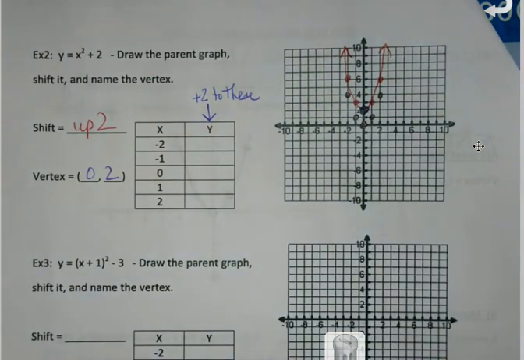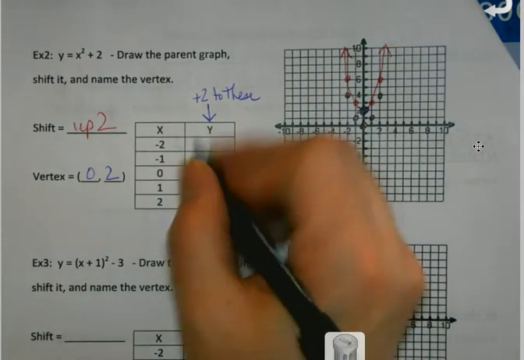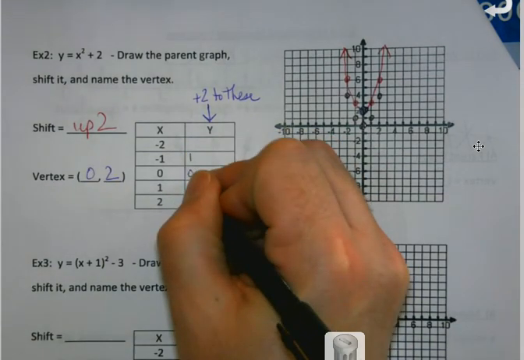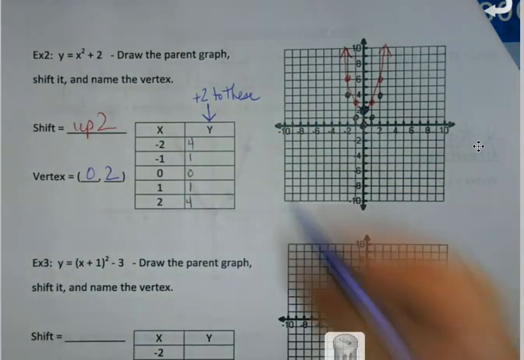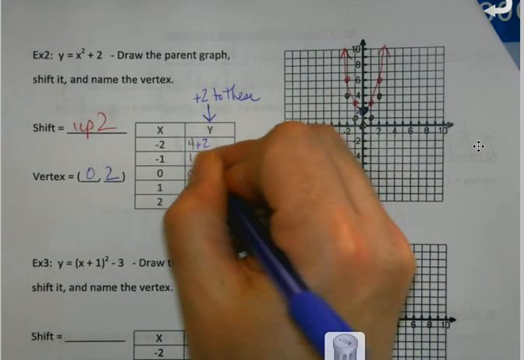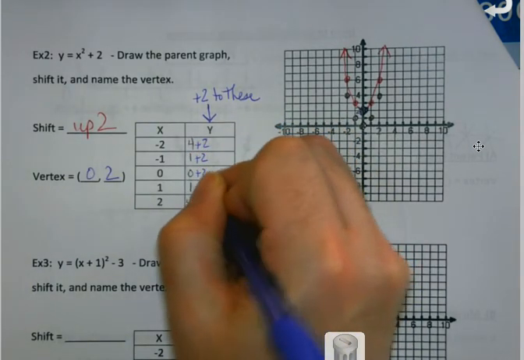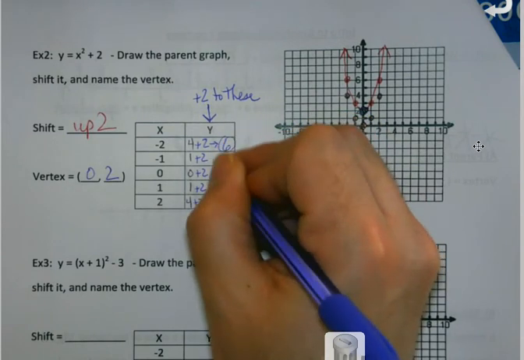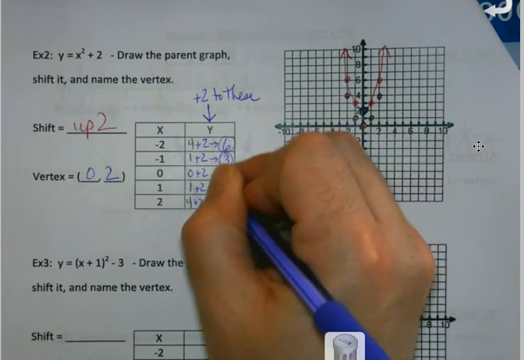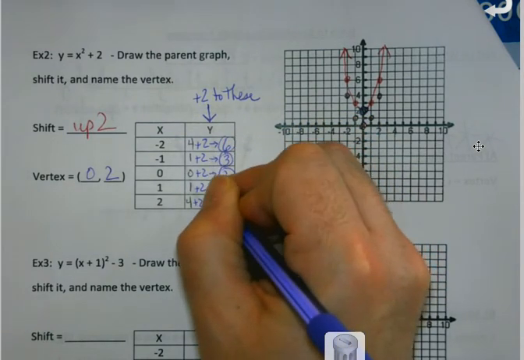So all of those initial y values that I normally have, it's 0 and 1 and 4, I'm going to add 2 to all of them. And then we're going to see kind of where this comes from. So I should have y values at all of these points.